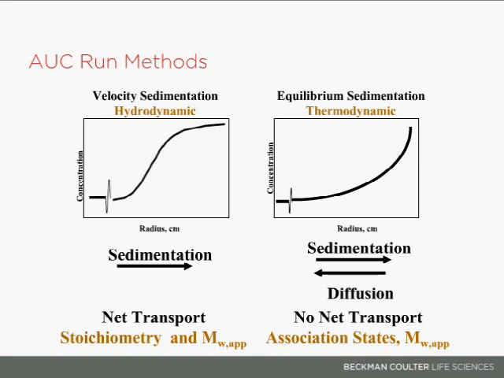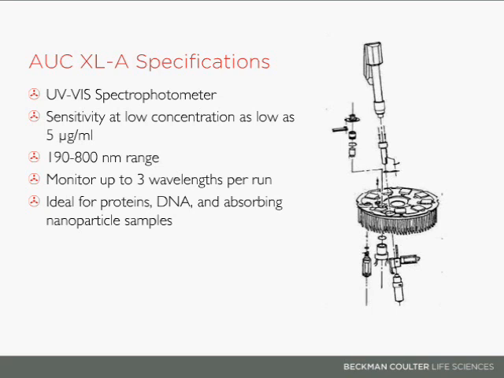It has sensitivity down to concentrations as low as 5 micrograms per mL, and it can monitor up to 3 wavelengths per run. So if you have multiple species with different sizes that have different optical properties, you can actually look at 3 different wavelengths, tuning to their peak of absorption for different nanoparticles throughout.